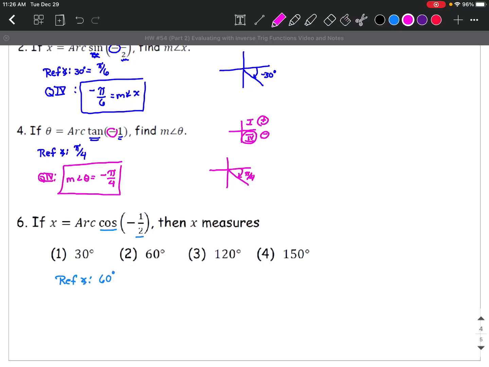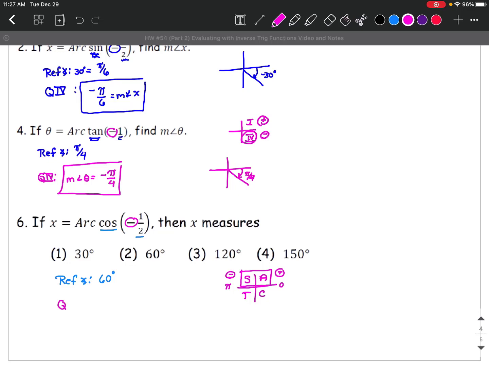Now I'm not done. Don't choose choice 2 yet. That's not our answer, because we haven't looked at the fact that this was a negative value for cosine. So we have to figure out which quadrant we can use. Now remember, we know all students take calculus, but we're only allowed to use the first 2 quadrants for cosine because the range here was from 0 to pi. In the first quadrant, cosine is positive.